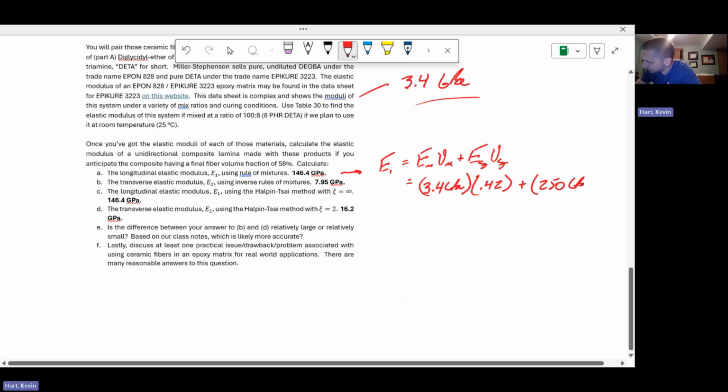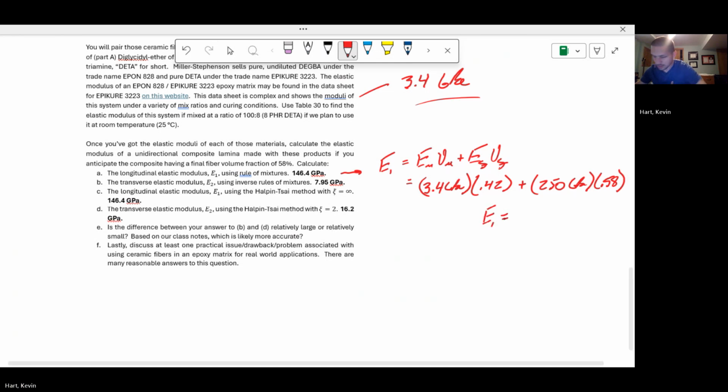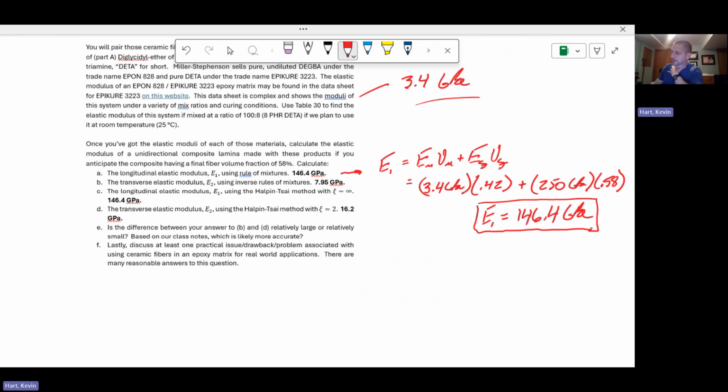We looked that up. And the volume fraction of the fibers, 0.58. Okay, you plug this in, you'll get E1. I'll make sure here: 3.4 times 0.42 plus 250 times 0.58 is 146. Yep, 146.4 GPa. So that's part A. Okay, no problem there.